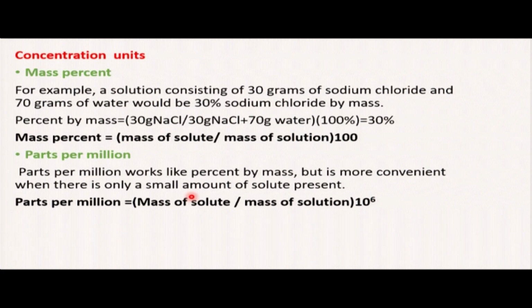We have to use parts per million. And parts per million is the mass of the solute divided by the mass of the solution, times a million, 10 to the power 6. That is parts per million.